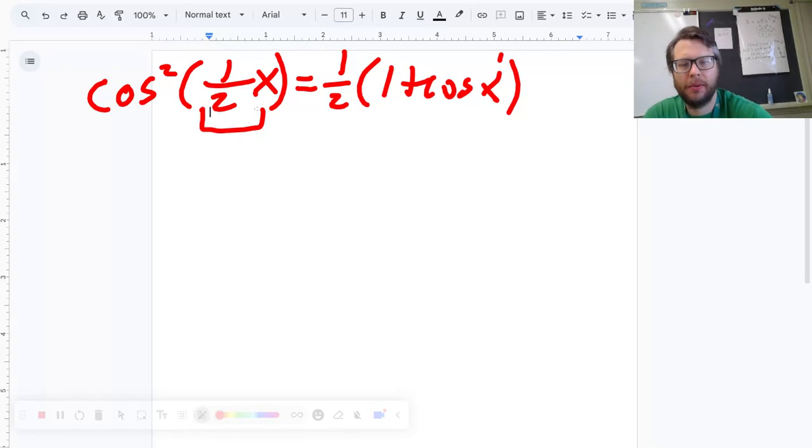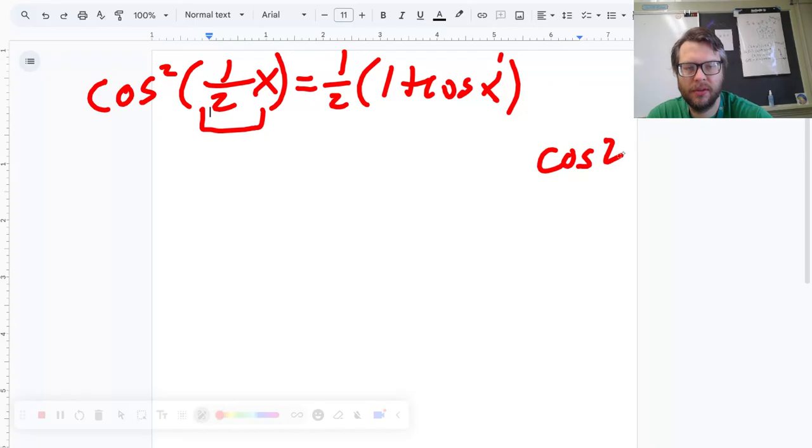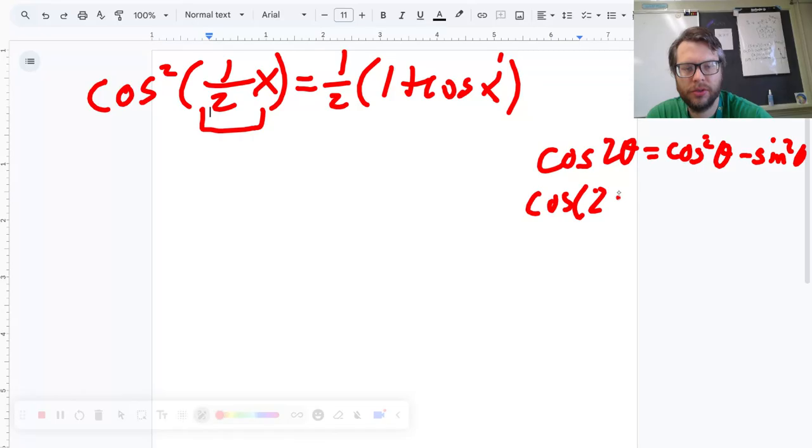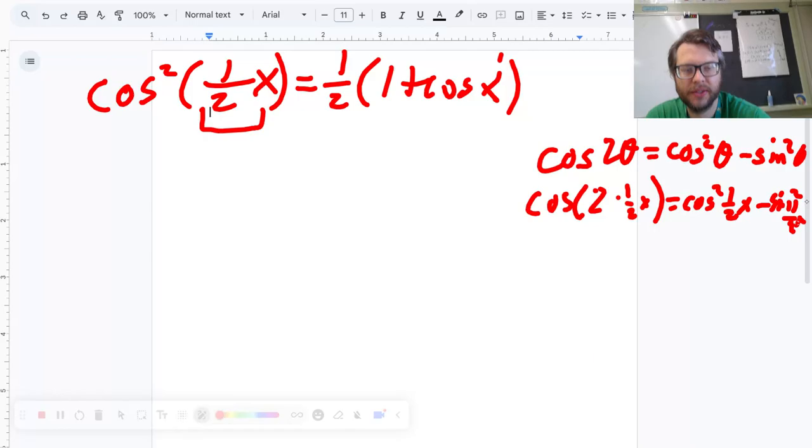Well, I know that double angle formula again. I know that if I did cosine of 2 theta, I can make that cosine squared minus sine squared. In other words, if I did cosine of 2 times 1/2 x, I can make that cosine squared 1/2 x minus sine squared of 1/2 x.